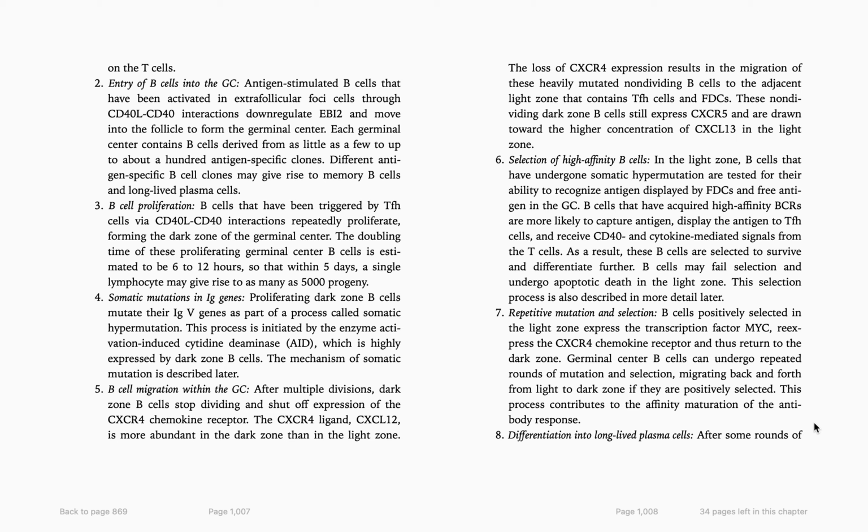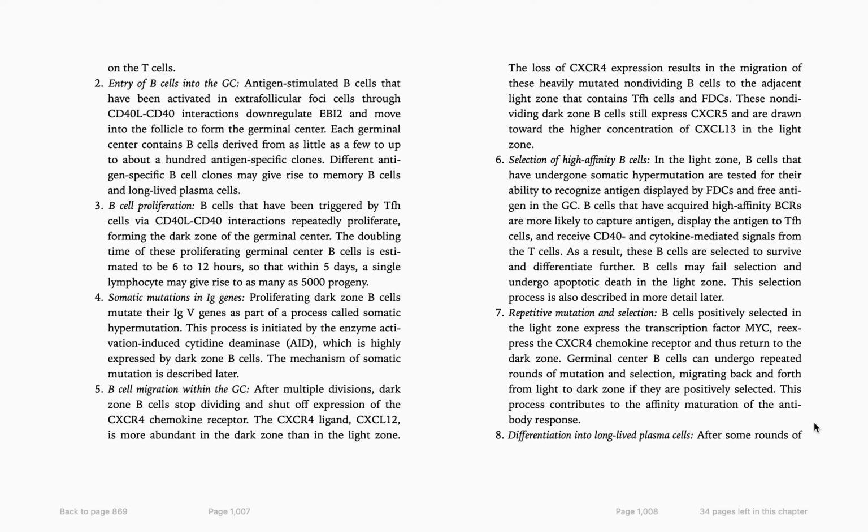B cells that have been triggered by T follicular cells through CD40 ligand-CD40 interaction repeatedly proliferate, forming the dark zone of the germinal center. The doubling time of these proliferating germinal center B cells is estimated to be 6 to 12 hours, so that within 5 days, a single lymphocyte may give rise to as many as 5,000 progeny.